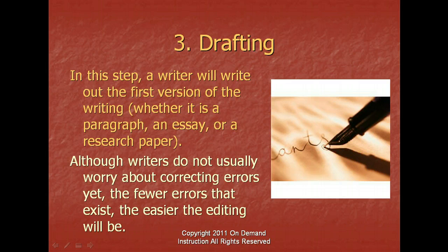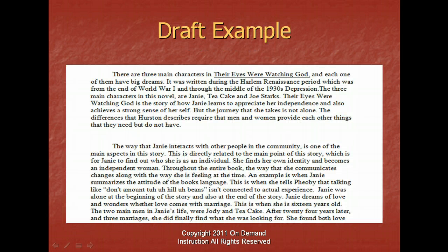Although writers do not usually worry about correcting errors yet, the fewer errors that exist, the easier the editing will be. Here's one example of a rough draft example. You'll notice here that the student has written using complete sentences and complete paragraphs.